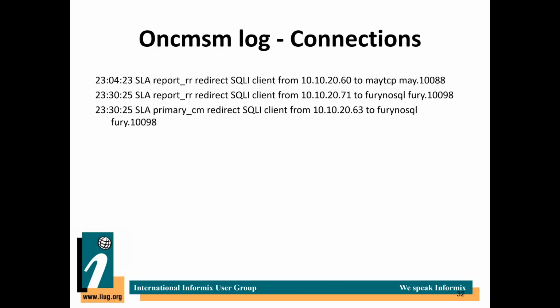So the first 2 are coming into the listener report RR, and then the third entry is somebody coming into the listener of primary CM. And then you actually see the IP they're coming from, and then it will show you where it's redirecting to. So again, it's following whatever rules you have in place and then sending them over to the server needed.